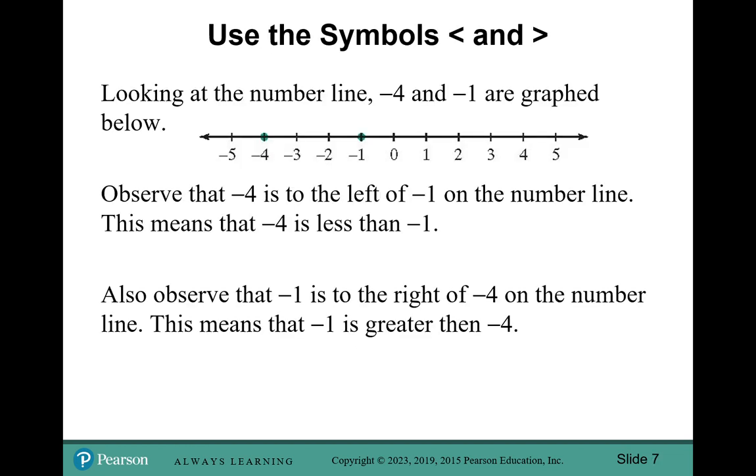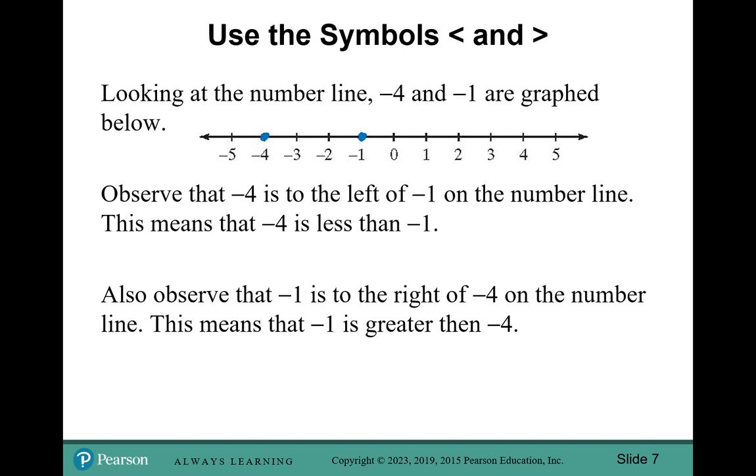Now, we're going to look at using the symbols less than and greater than. If we look at the number line, -4 and -1 are graphed below. We have a dot at -4, and a dot at -1. Observe that -4 is to the left of -1 on the number line.